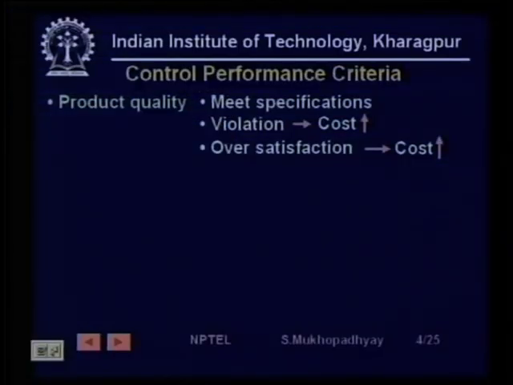If we have a violation of that, then our cost goes up, because in today's era of stringent quality control, we may produce something in the factory, but we may not be able to sell it if the stated specifications are not met. So, that means that it will result in things like scrap, lot of loss of material, energy. So, the cost will go up.